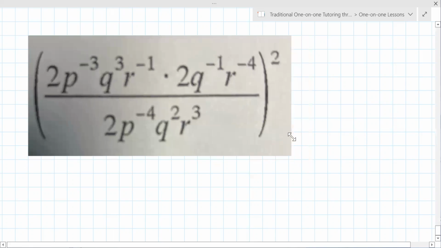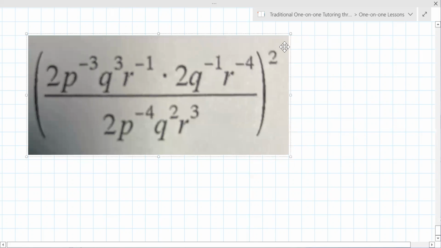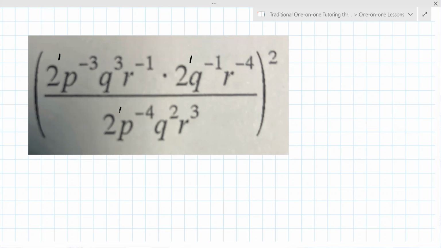So yeah, I agree. This one's kind of awful. So the thing here is, I know in the previous round we said, let's put that 2 to everything. You can absolutely do that, but you really need to remember that there's a 1 and a 1 and a 1 above each of those 2's. If you want to do it that way, that's totally fine. Just be sure that you remember that.